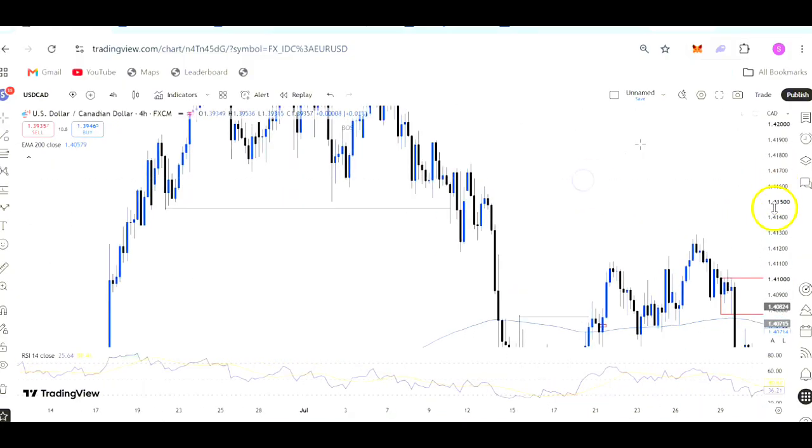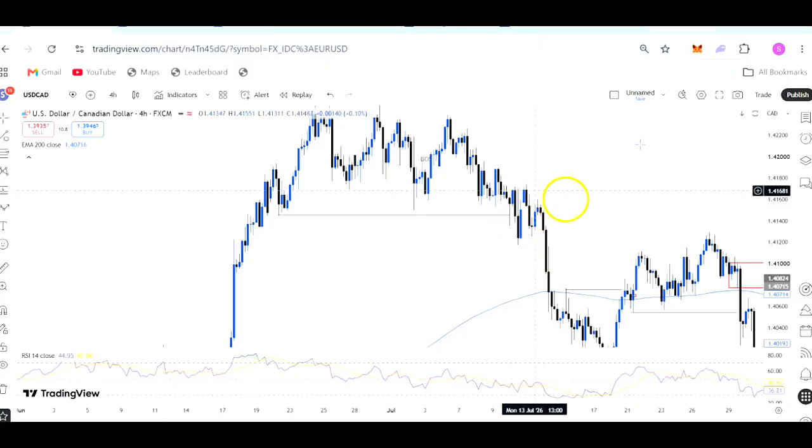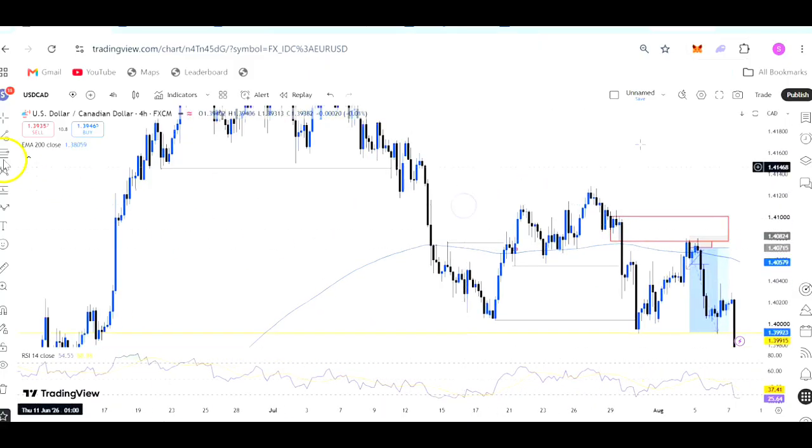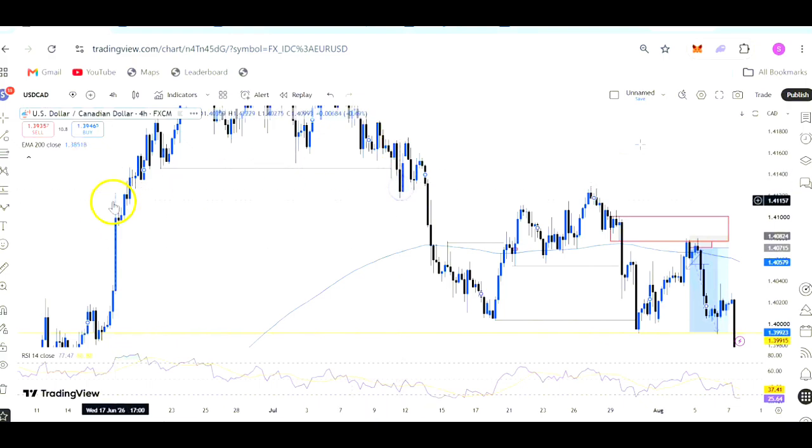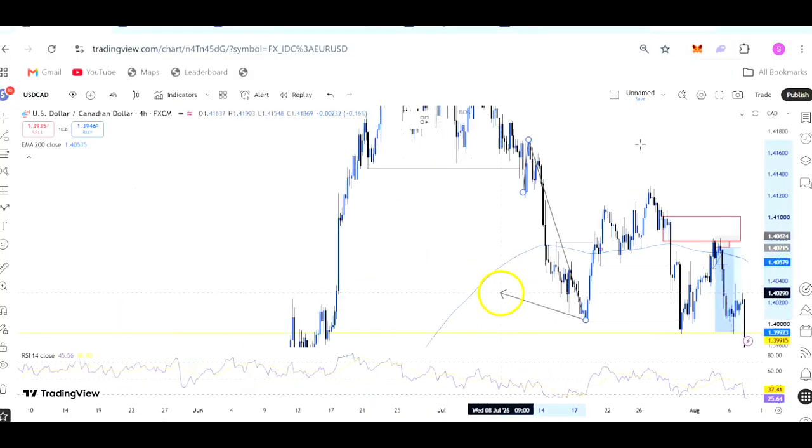It shows that the market is shifting in structure, and after that we are seeing lower highs and lower lows. Since this low has been taken out, we have a change of structure. This is like a change of character.